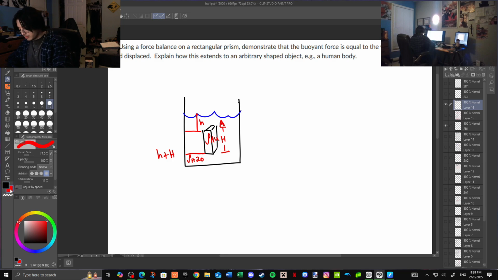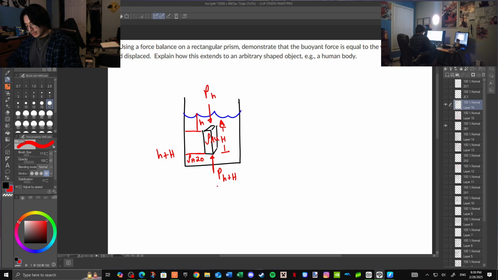And so there's going to be a force pushing up and a force pushing down against the figure. That will be the pressure force at the point h plus H, pushing up onto the bottom. And then on top, the pressure force at the point little h is going to be pushing onto the top of the figure.